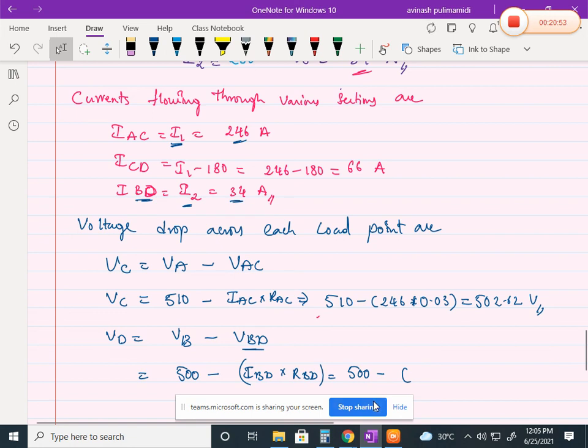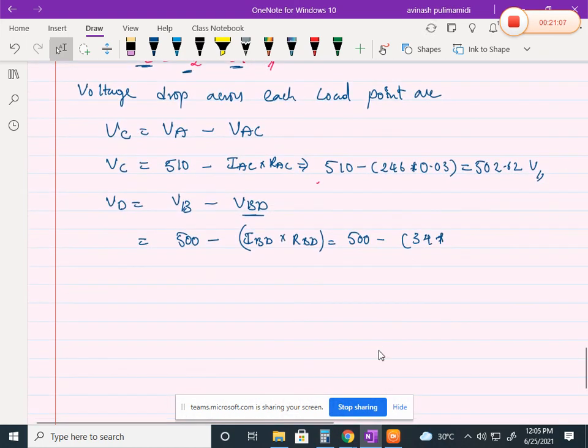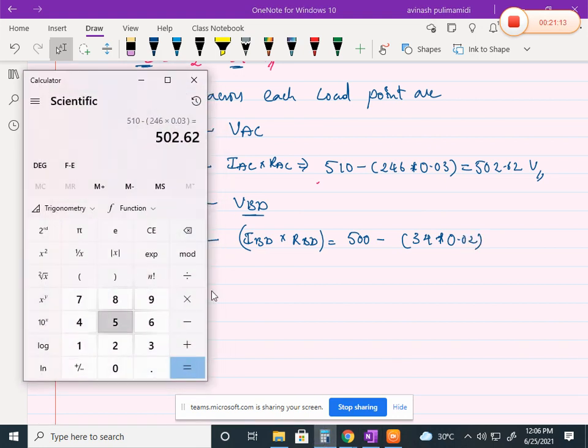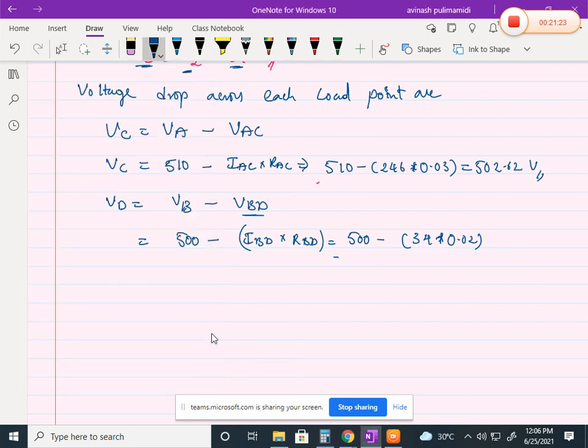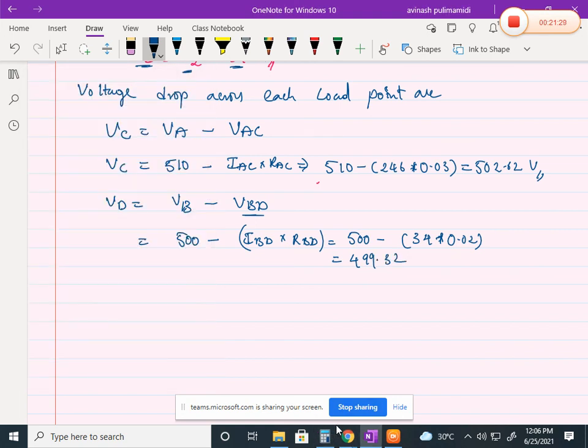I2 is how much? 34. 34 into what is the RBD resistance? 0.02. Then 500 minus 34 into 0.02. The value will be 499.32, which is approximately 500 volts.